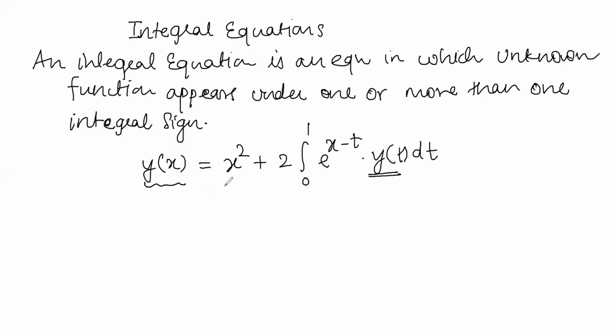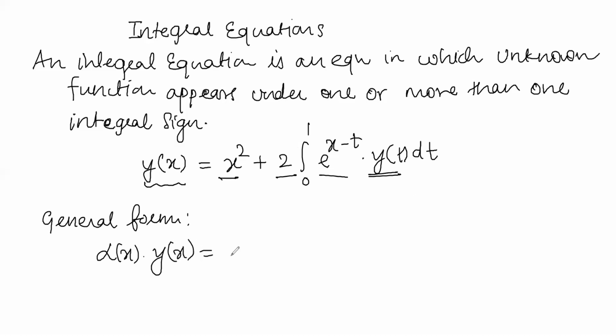Now let me write down its general form, so that I can tell you in more detail what this y, this x, e power x minus t and these things are. The most general form looks like this: alpha of x times y of x equals some f of x, plus lambda times the integral over the domain omega of k of x, t times y of t dt.